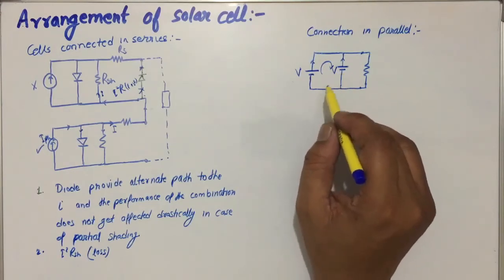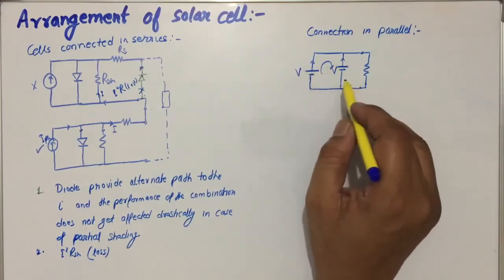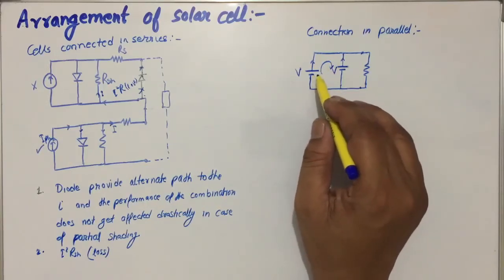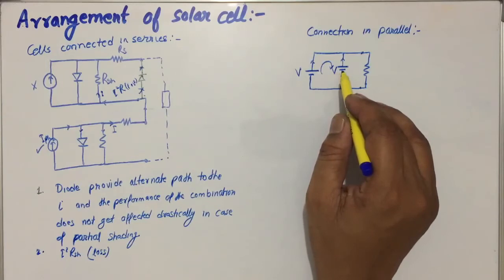And if the loss is there in the form of heat, then the heat will deteriorate the life of the cell.